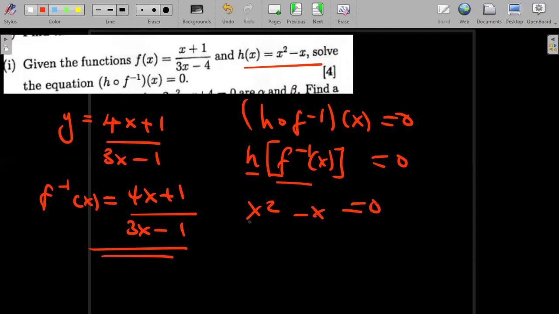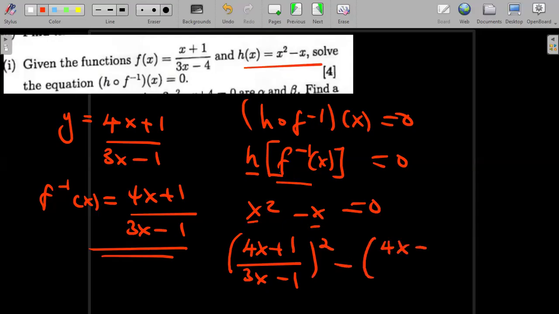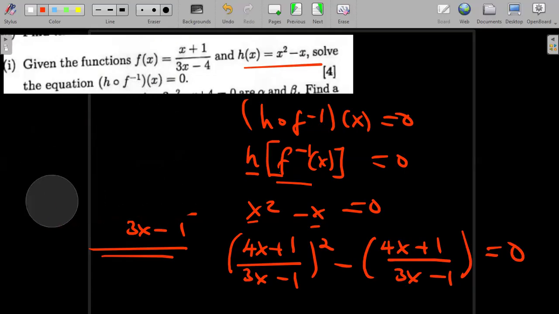Then where there's x, I'll replace it with the inverse function of f, which I just found. So I'll have ((4x plus 1) over (3x minus 1)) squared minus (4x plus 1) over (3x minus 1), and this should be equal to 0. Then I can solve for x.